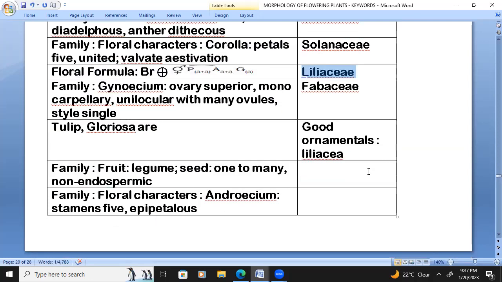Tulip and gloriosa are good ornamentals. Liliaceae. Aloe also belongs to Liliaceae. Fruit legume, seeds one to many, non-endospermic, Fabaceae. Androecium stamens 5, epipetalous, Solanaceae.